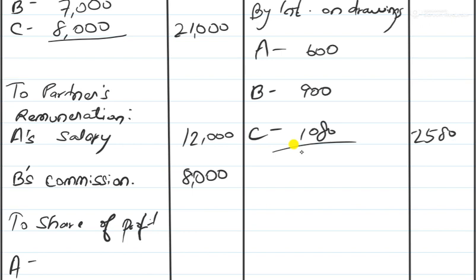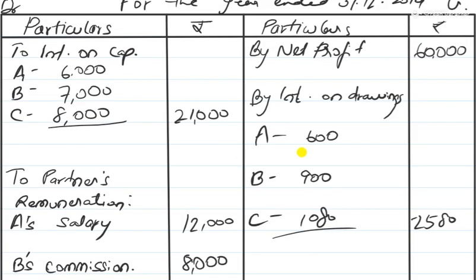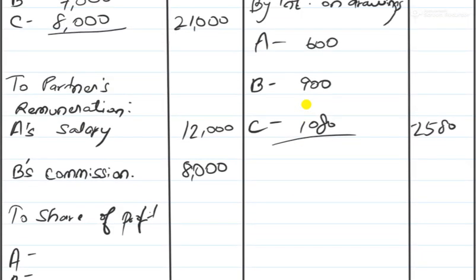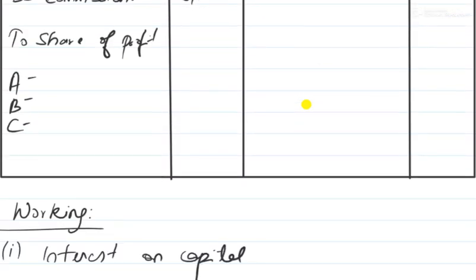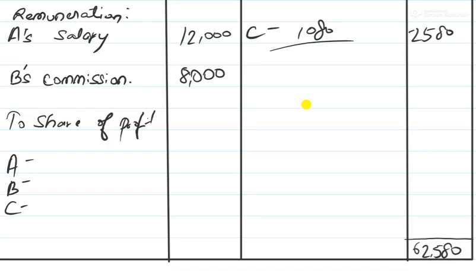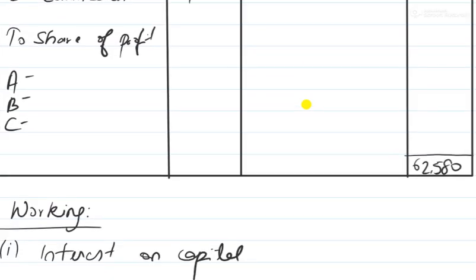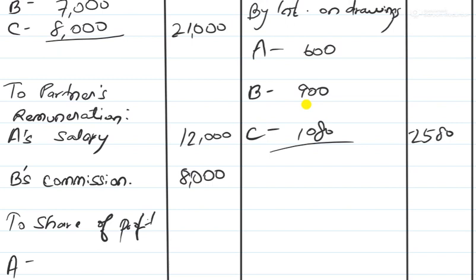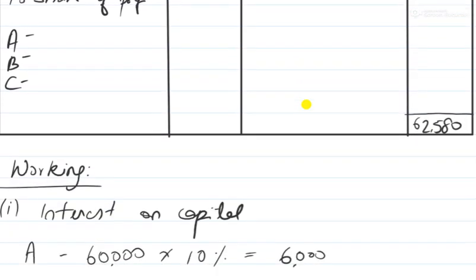2580. Now what we used to do for the profit and loss account, we used to total the credit side, because we assume that that is more. So here the credit side is 62,580. Since the credit side is more, and in the debit side there is only 21,000 plus 12,000 plus 8,000, which is equal to 41,000, it is lesser.